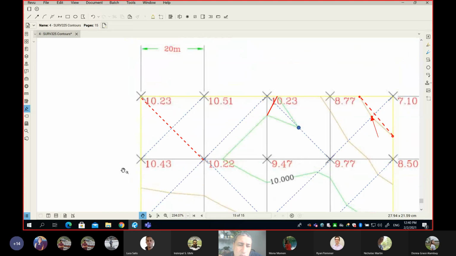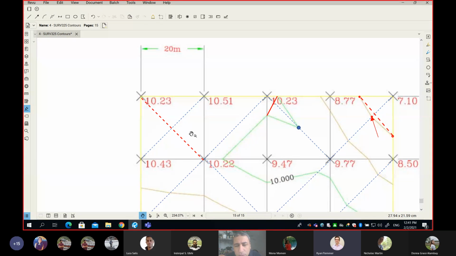One is in blue and the other one is in red. My question is, what do you think? Can it be any one of them, so I interpolate along any one, or is one diagonal right and the other one wrong? Any guess? Wouldn't you want the one perpendicular to the first line you drew?